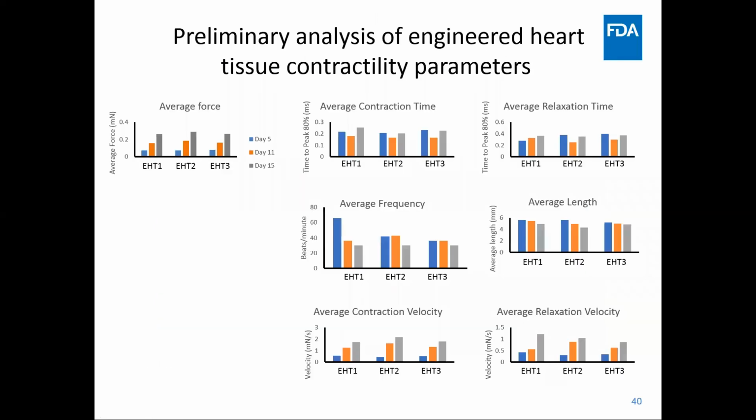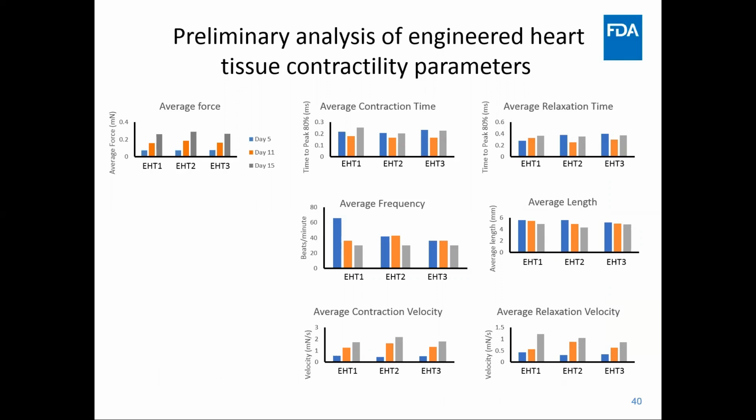We've started working with these systems in our division. We have an engineered heart tissue testing system, and we are able to develop these engineered heart tissues. And so far, our main concern was to get reproducibility with the results that have been published by the developers, as well as reproducibility between batches of engineered heart tissues.